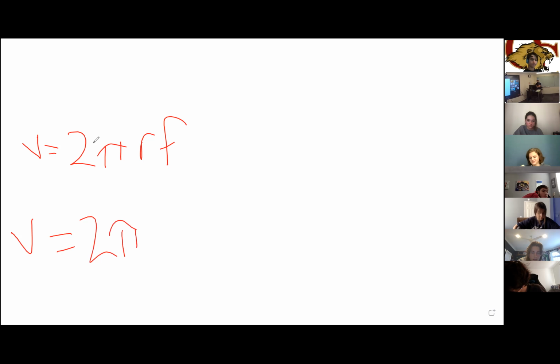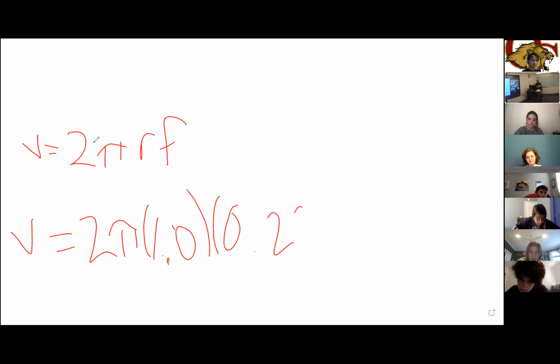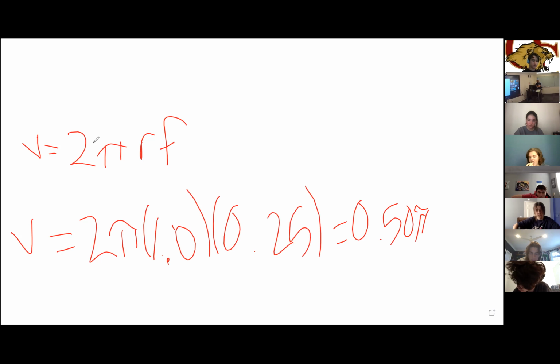All right, so since it's asking for velocity, I did v equals 2 pi r f, and then when you substitute that in, it's v equals 2 pi, then the radius is 1, and then we have the frequency at 0.25, so then that equals 0.5 pi, which equals 1.6 meters per second.